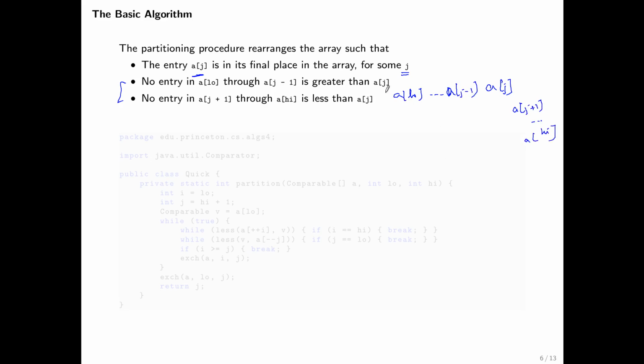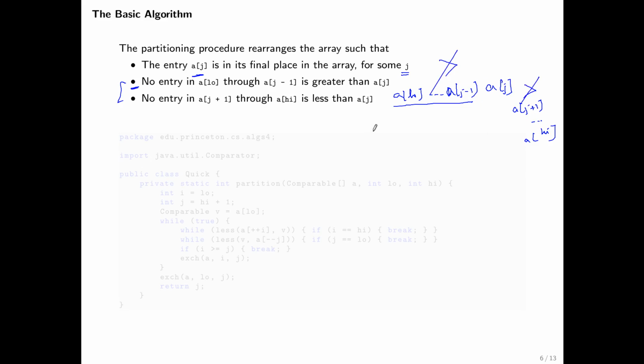So what we are saying is that none of the elements here are strictly greater than AJ, and on the right hand side none of the elements is strictly less than AJ. So that's what we are saying in these two conditions.